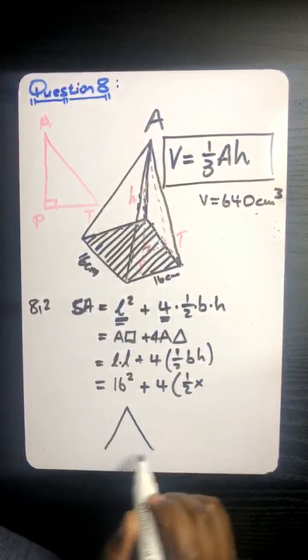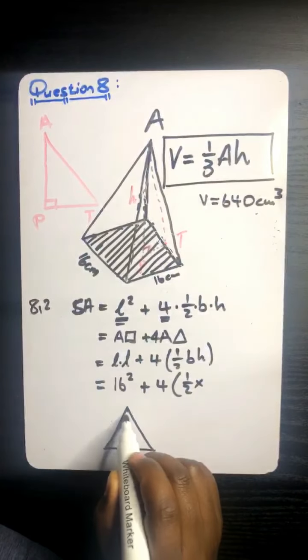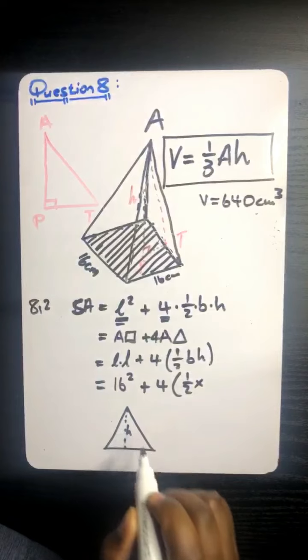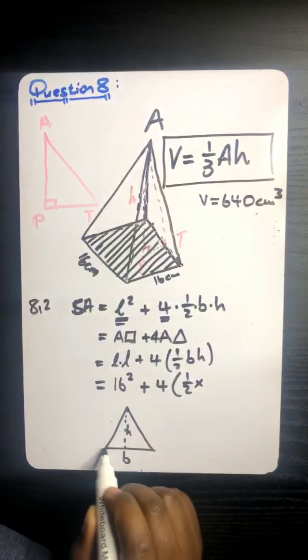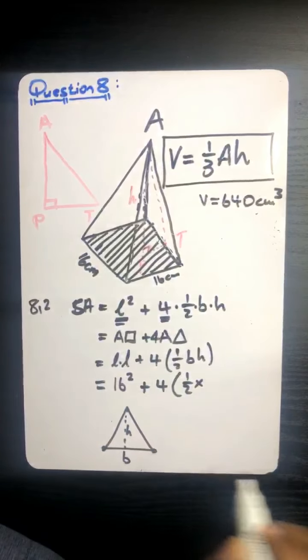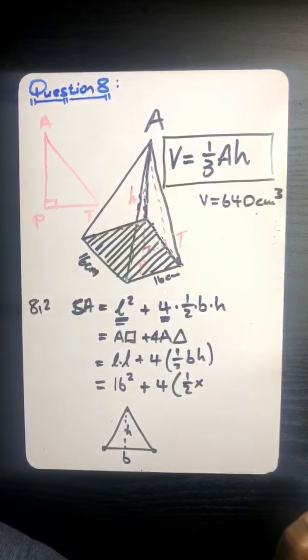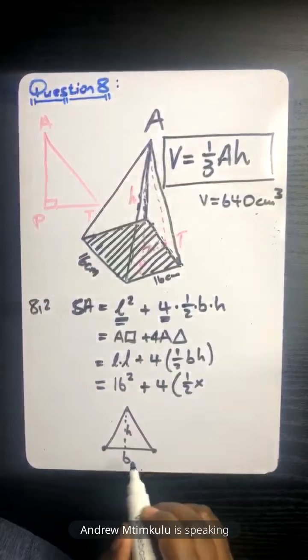Draw it like this. I think this is going to be your height, and your B is going to be from there to there. Do you agree there? Do you agree, Ma Andrews? Yes, sir.